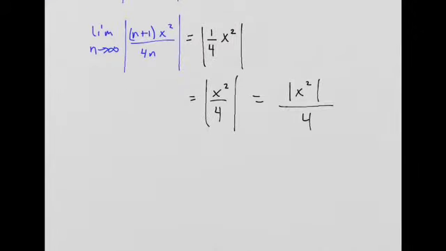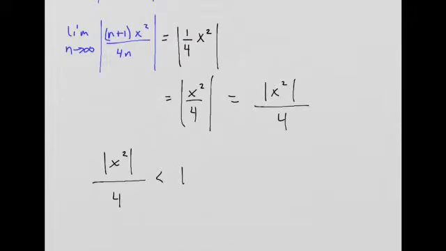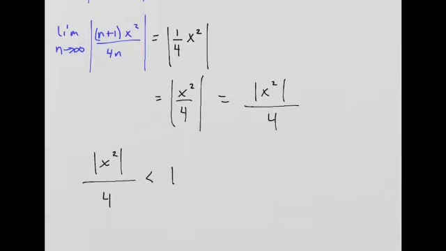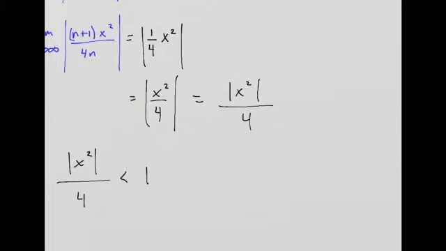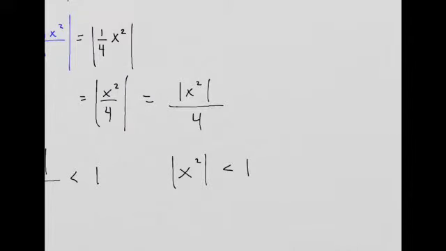So the ratio test says that if I have this limit and it is less than 1, then my series converges. So I have to figure out the x values that make this less than 1. So I multiply both sides by 4, and I get the absolute value of x squared less than 4.